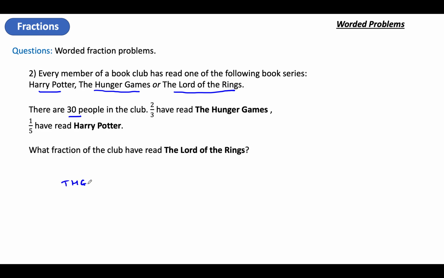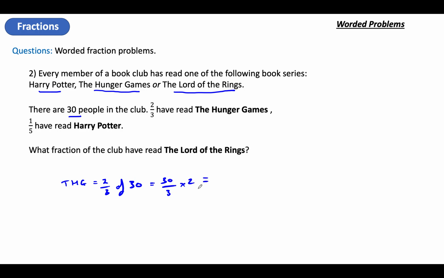So THG, The Hunger Games. That will be 2/3 of the 30 people, which means I take 30, I divide by the bottom of the fraction, which is 3, and then I times it by the top of the fraction, which is 2, to get 2/3.